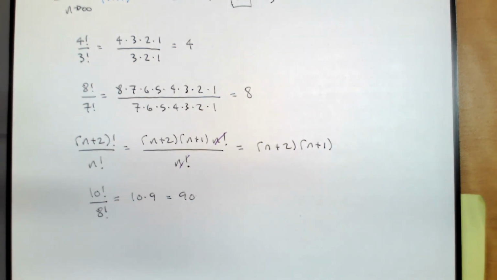You have 10 times 9 times 8 factorial divided by 8 factorial, and everything 8 and less.